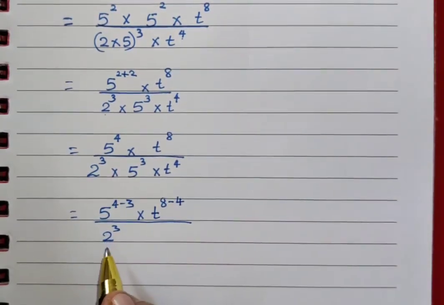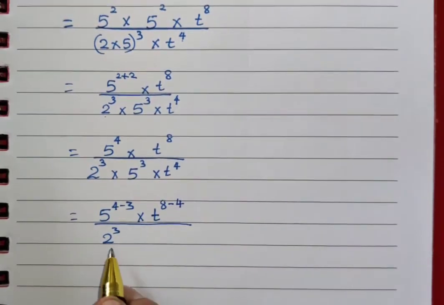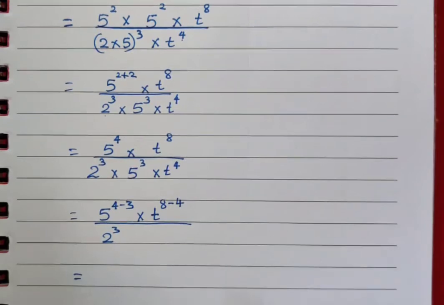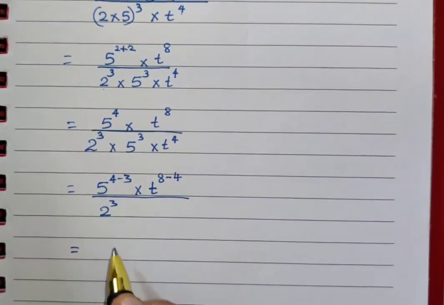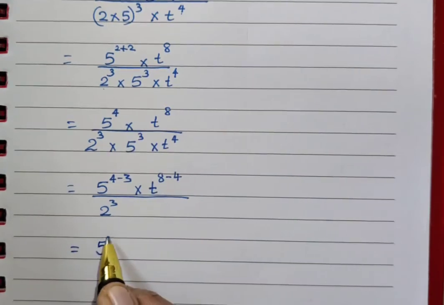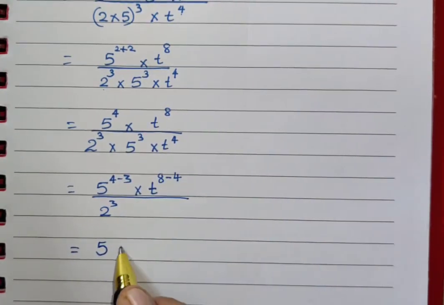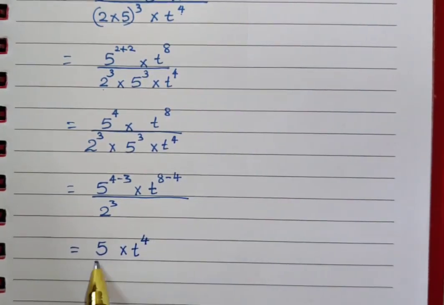As 2 is having no base similar up, so it is remaining in the denominator as it is. Now 4 minus 3 is 1, so 5 is having the power 1. Then what is T? T is having power 8 minus 4, 4, and 2 is having nothing but cube.